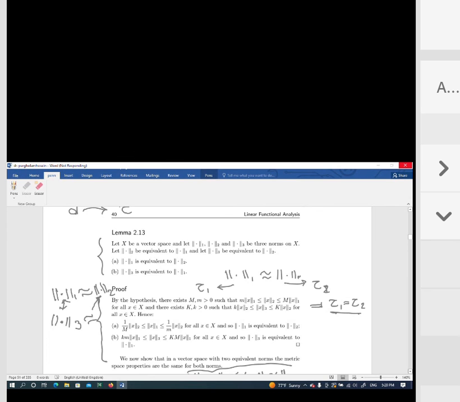Here norm 2 is equivalent to norm 1, and norm 3 is equivalent to norm 2. So norm 1 and norm 3 are both equivalent to norm 2.